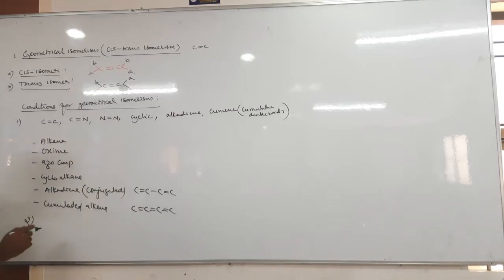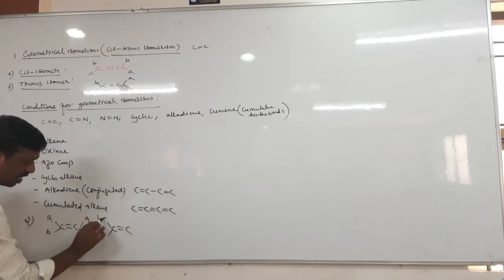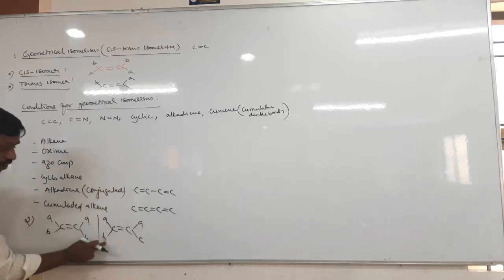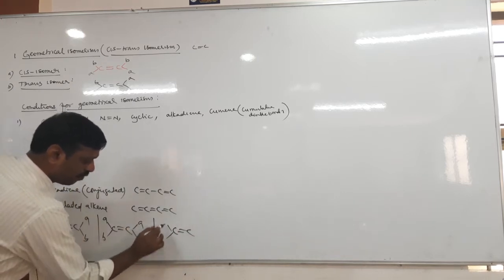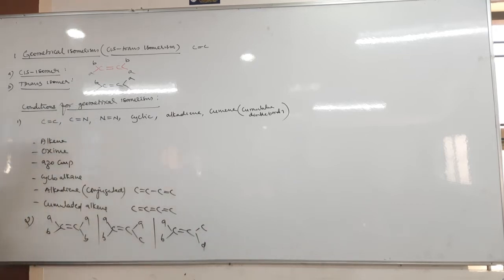For example, carbon double bond carbon: if one carbon has A, the other should have B. It is also possible like AB on one carbon and AC on the other, where AB should be different and AC should be different. Or if it is A and B on one carbon, it should be C and D on the other. It means each double bonded carbon should have two different groups.